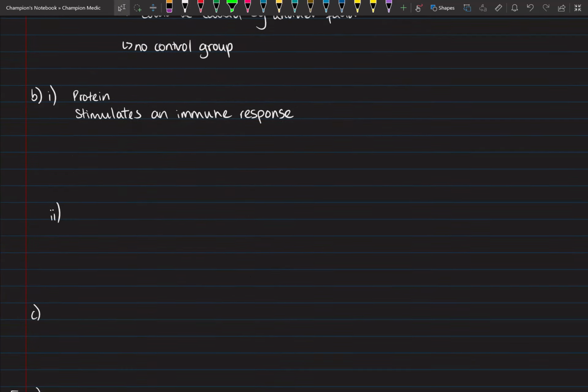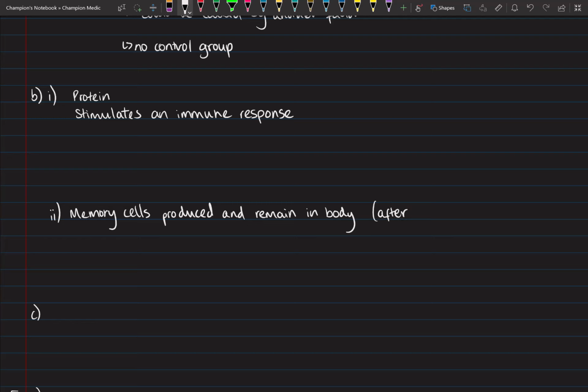So the next question is asking about the importance of memory cells, and why they're important. So we know from our own knowledge that memory cells are produced, and they remain within the body from the first initial infection, which is the primary response.